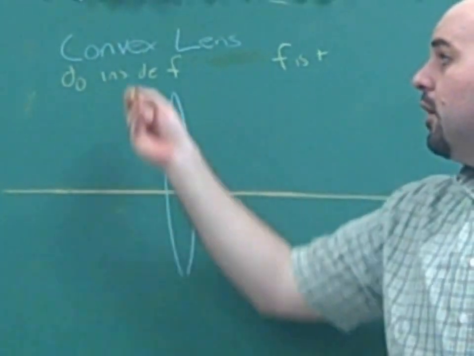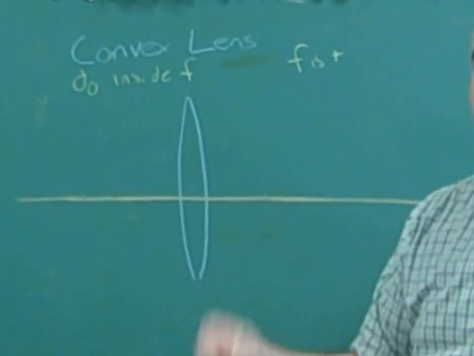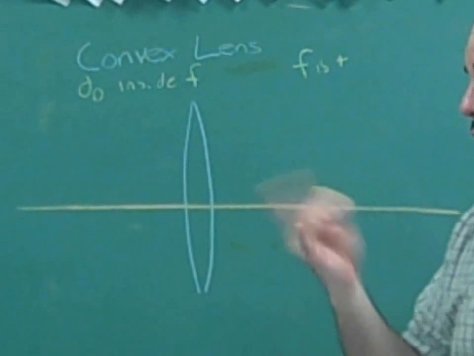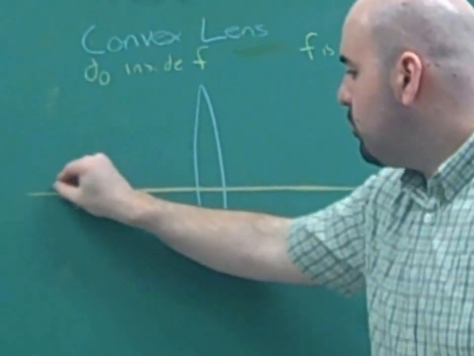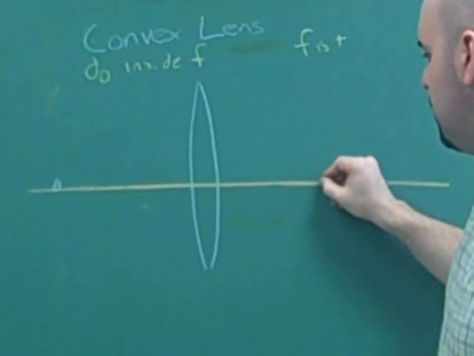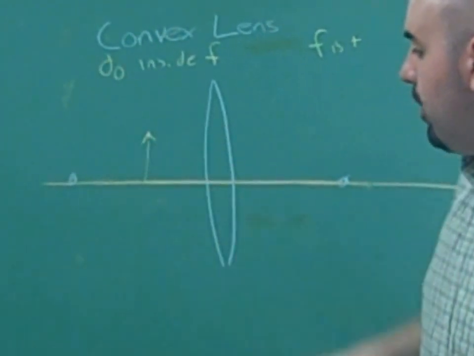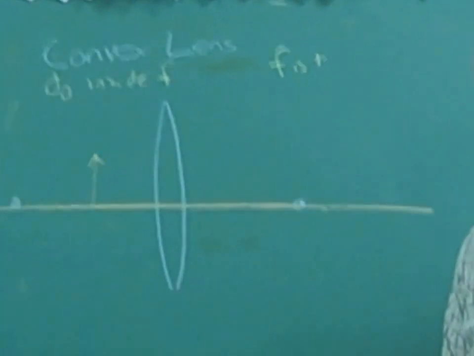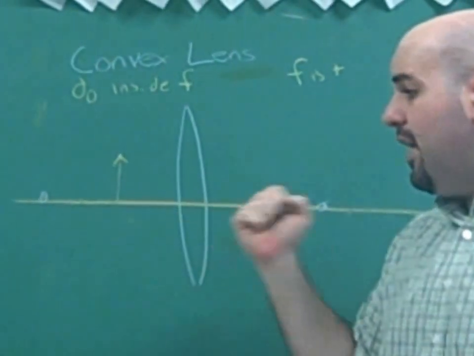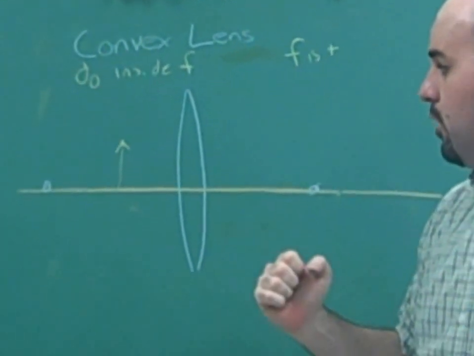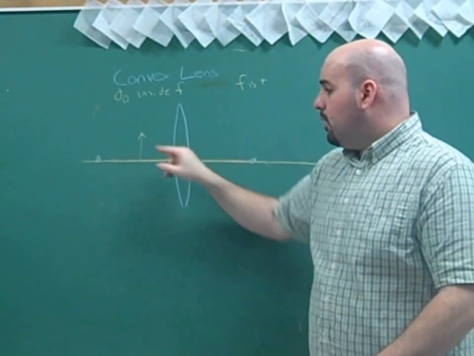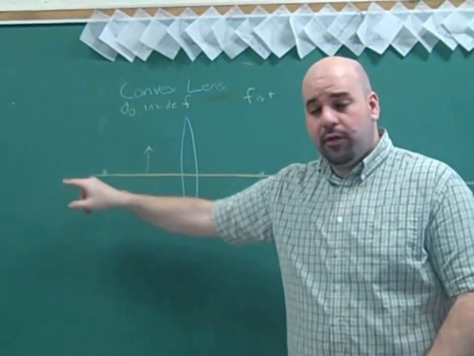Big note: convex lens and concave mirrors both have positive Fs. They're opposite shapes. So I'm going to draw my focal points to be relatively around the same. And here's my object. Doesn't matter how big or how small it is. Just like with the mirror, if it's inside the focal length, it's going to make a virtual image because light can't form unless it's beyond the focal point.